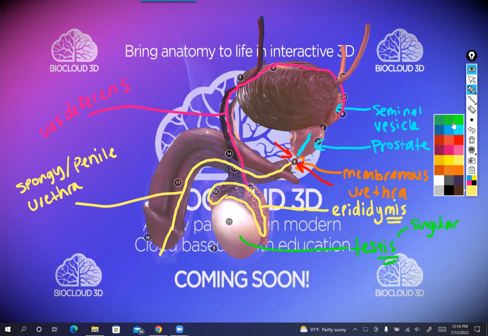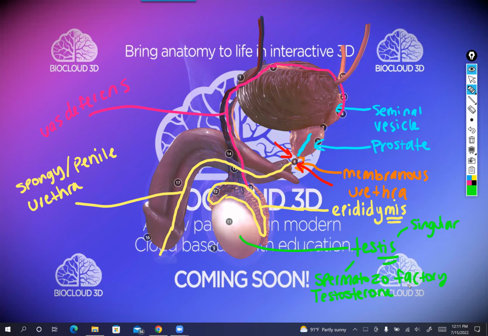Okay, so let's go over the functions of these things that we haven't mentioned yet. So of course, the testis is where spermatozoa are made. So let's say spermatozoa factory. And also testosterone is produced in the testis as a result of control from hypothalamic and pituitary hormones.